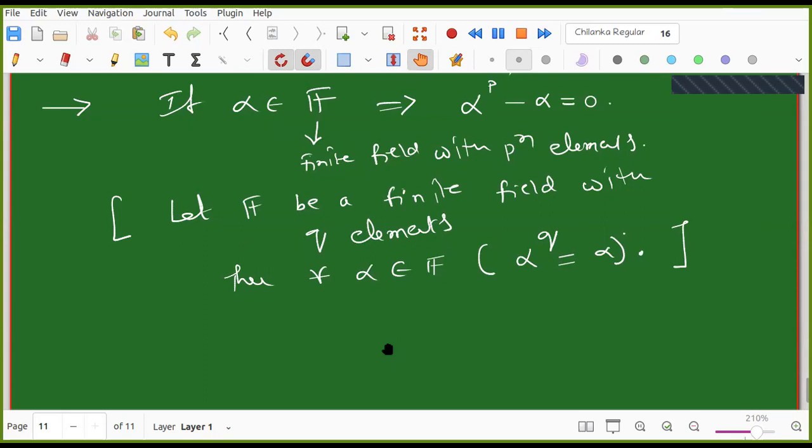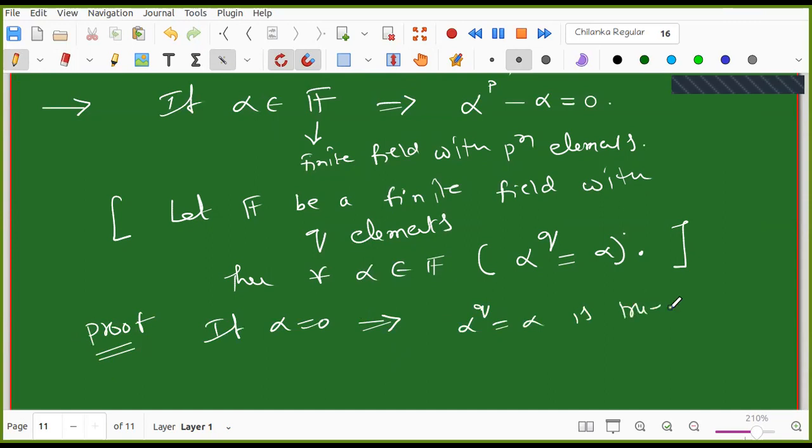If alpha is equal to 0, then it is true. Okay, well, thanks. Proof: if alpha is equal to 0, then alpha power q equal to alpha is true. Correct. Very good.